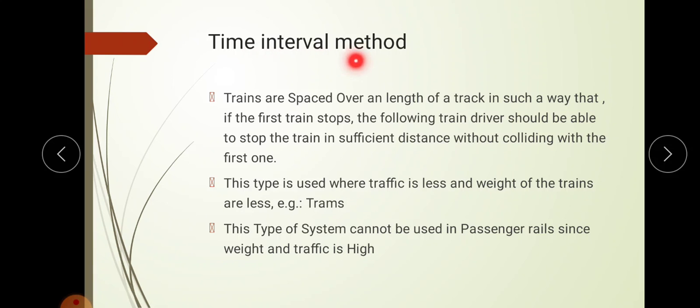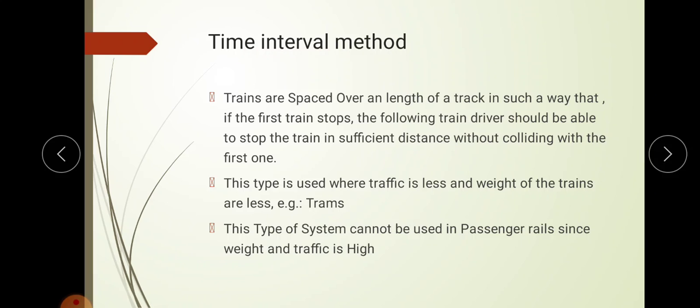First one is the time interval system. Here the trains are spaced over a length of a track such that if the first train stops, the following train driver should be able to stop the train in sufficient distance without colliding with the first one.